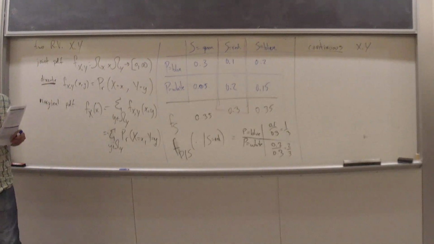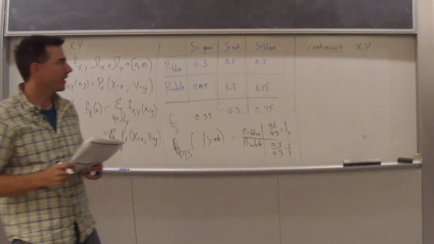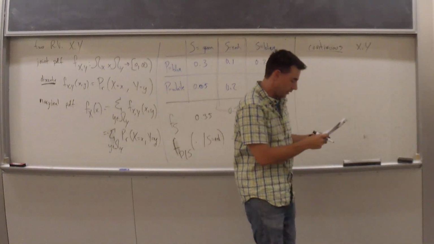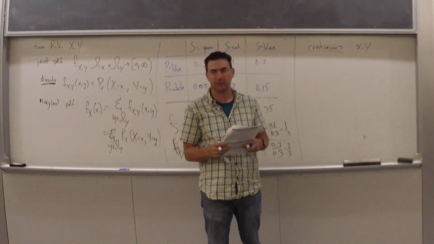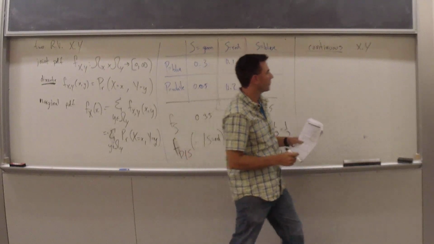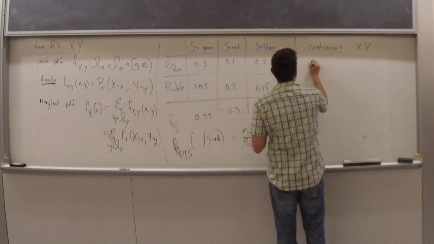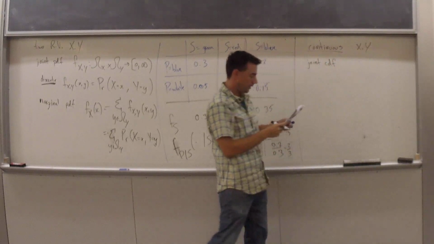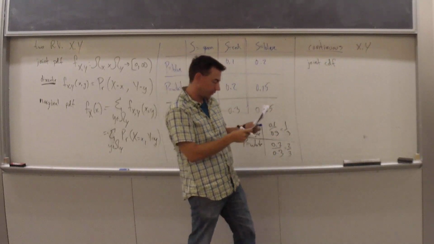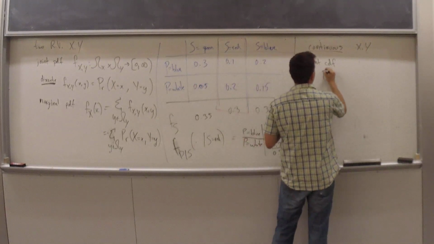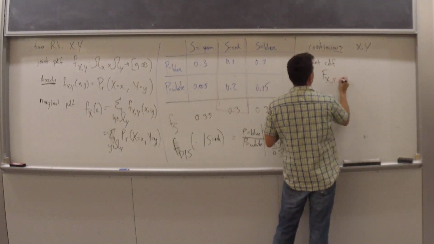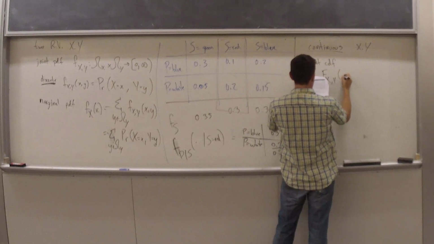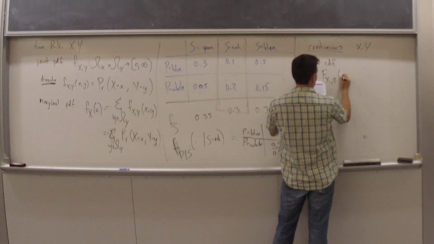But I can write down what the joint CDF is, the cumulative distribution function, and that's going to be a capital F of x, y, taking on some values x and y.